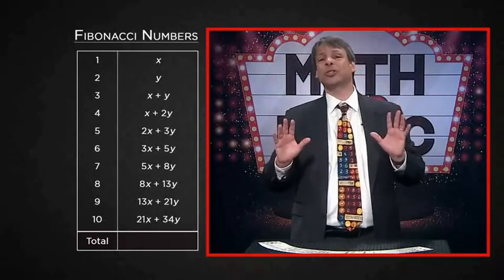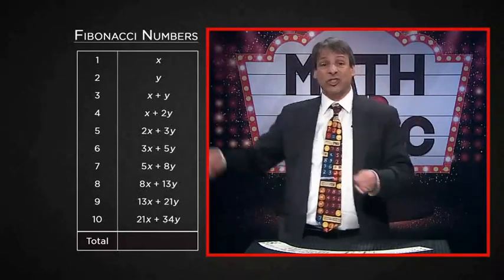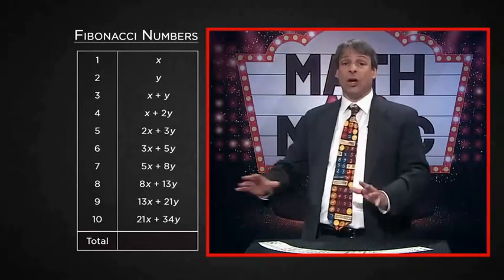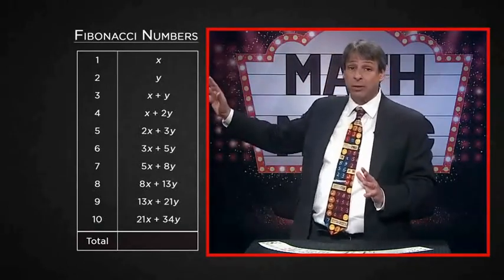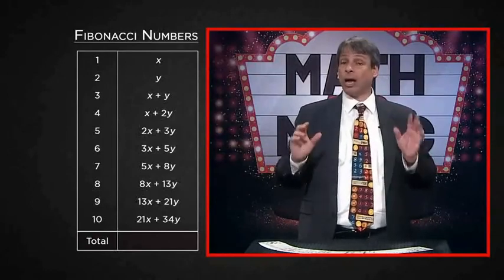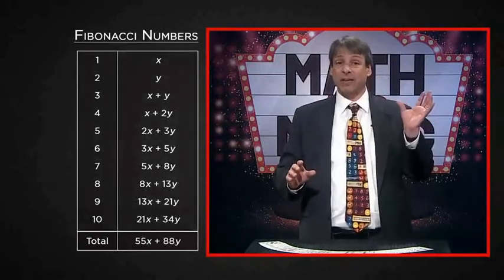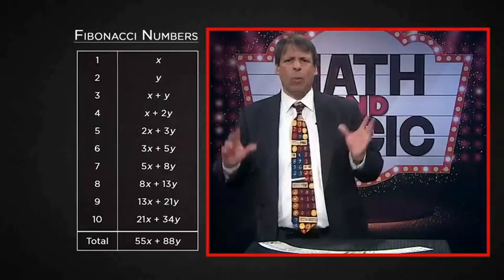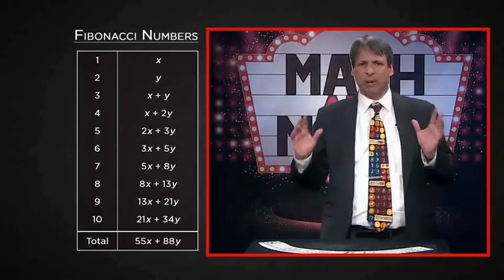Now let me first explain how I found the sum of those 10 numbers so quickly. If we add all 10 of those numbers together, we get a grand total of 55x plus 88y.